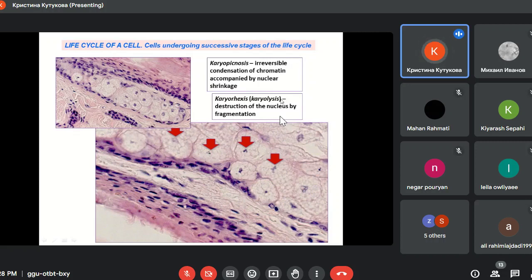Lysis means digestion. It means that these particles of the nucleus now are totally disintegrated with the help of enzymes from lysosomes. And in such cells we will have just the shadow of the nucleus in the place where this nucleus previously was, and finally no nucleus will be seen.